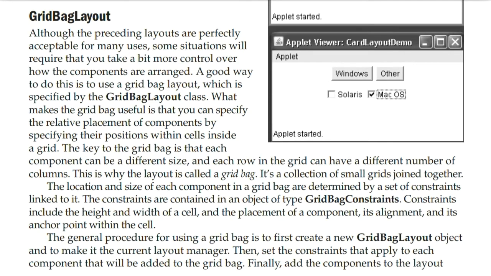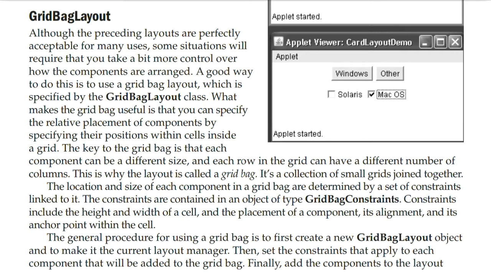The key to the grid bag is that each component can be a different size and each row in the grid can have a different number of columns. This is why the layout is called a grid bag. It's a collection of small grids joined together. The location and size of each component in a grid bag are determined by a set of constraints linked to it.